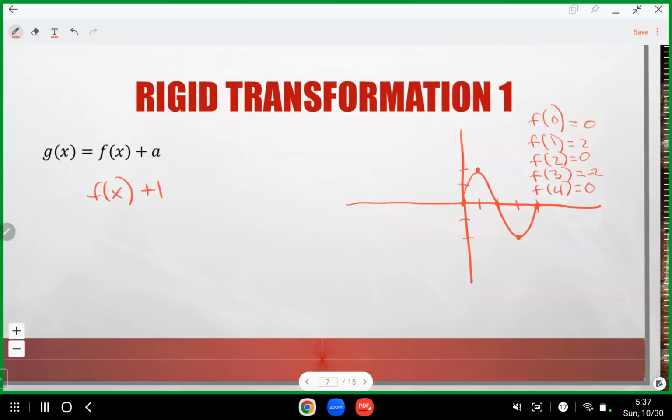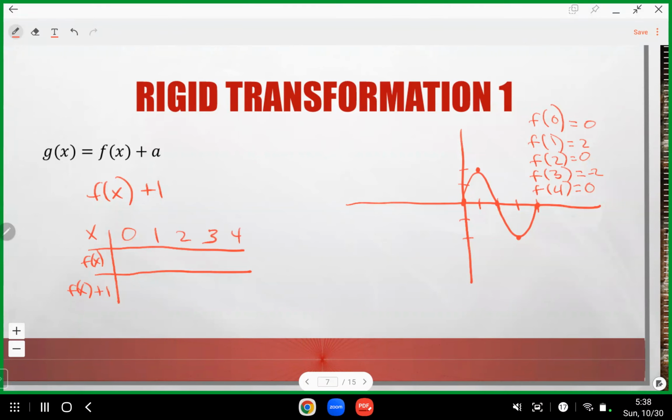Let's make a chart. So f of x and f of x plus 1. You can see here, let's say 0, 1, 2, 3, and 4.